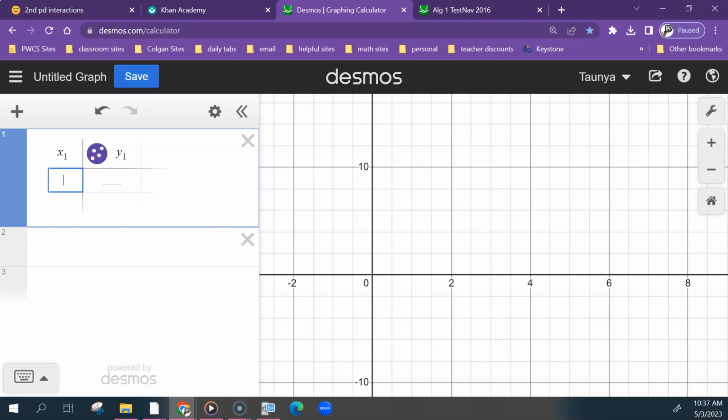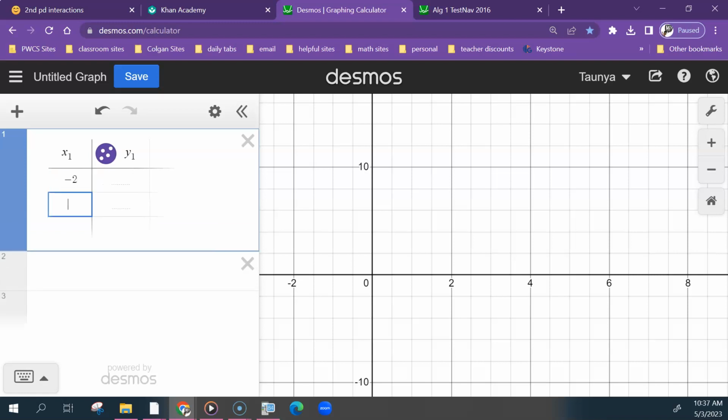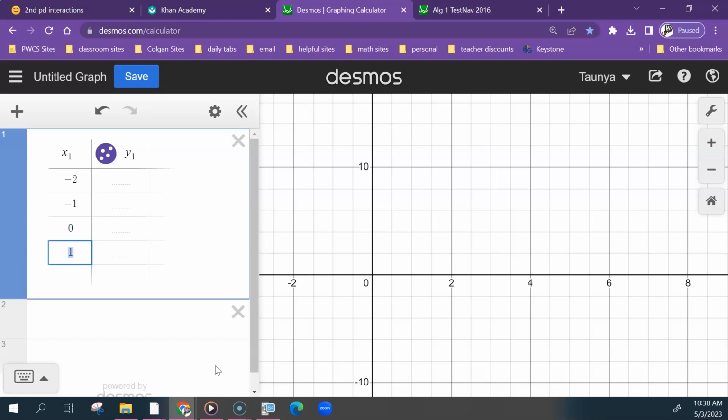In your table, you're going to add those same values we just used, so the table from up here, put those values in. If you start to hit enter after like the second one, it'll recognize the pattern, so you don't have to type in each one. Only for the x's, though, you still have to type in your y's.